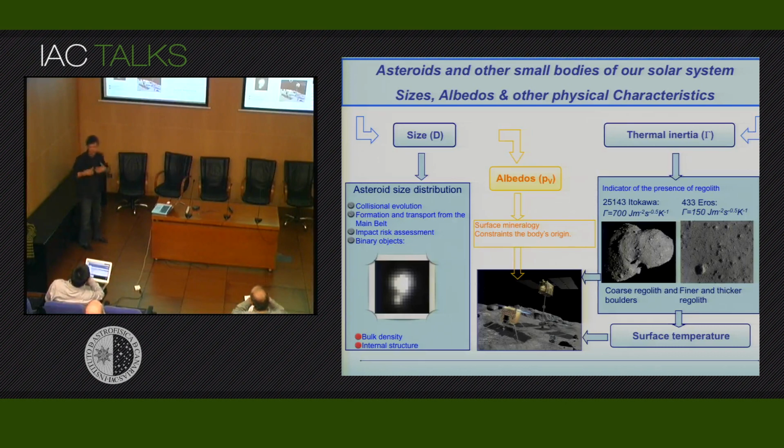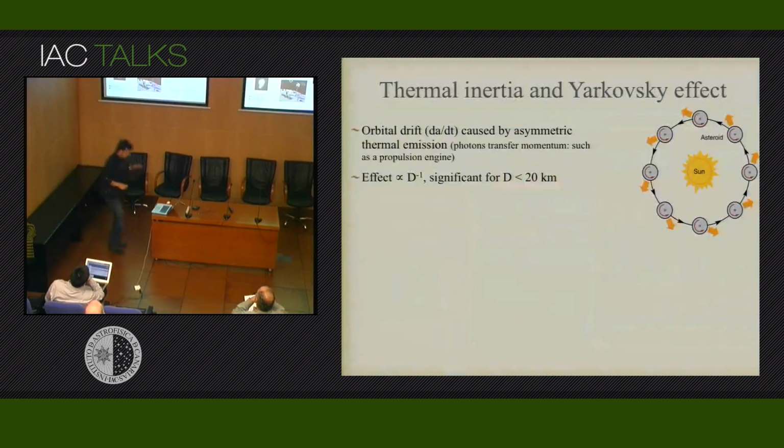The thermal inertia controls the temperature distribution on the surface of the asteroid, and this is important, for example, for mission planning. If you want to land on an asteroid, engineers ask you what temperatures they have to deal with. And then a very crucial thing is the Yarkovsky effect, which is the link between the dynamical evolution of these bodies and their sizes.